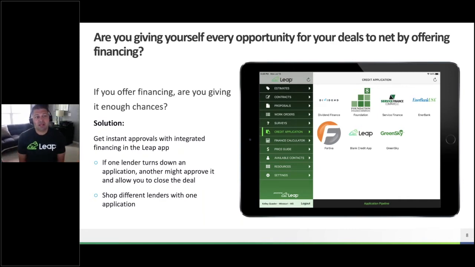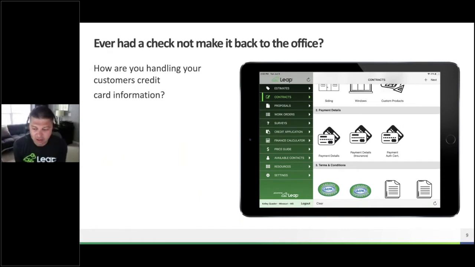The other one is, ever had a check not make it back to the office? I remember specifically an instance when a sales rep sold a deal. He went to a Baltimore Orioles game, parked in the parking lot at the Orioles. His car got broken into, and his sales kit in his briefcase, which I guess they thought had a laptop in it, which it didn't, was stolen.